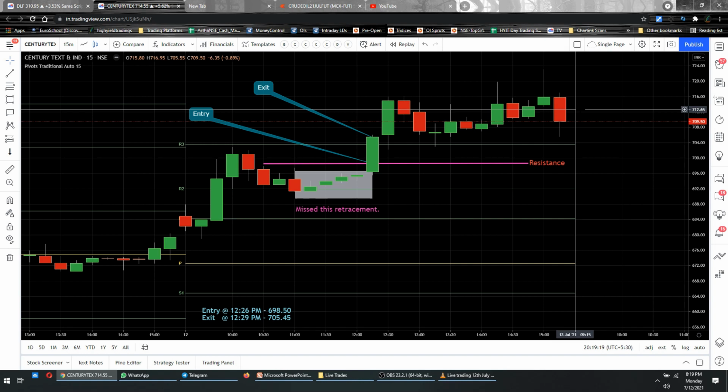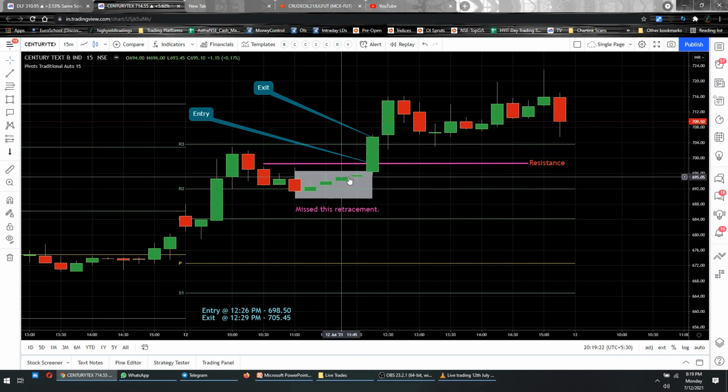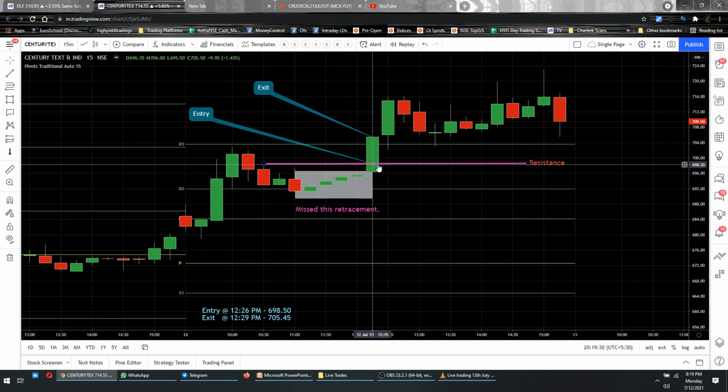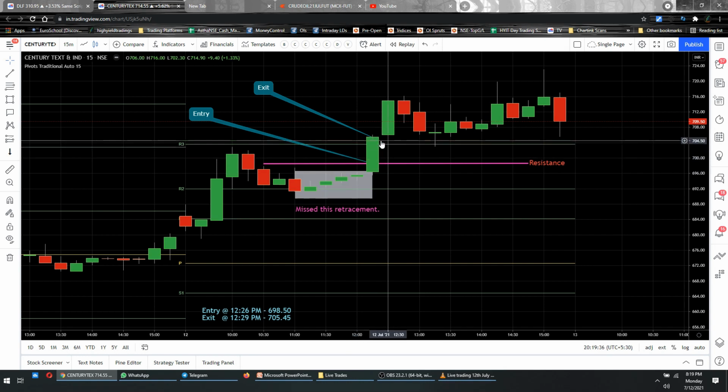But since I have missed this particular up move, my next aim is to catch at least 4 to 5 rupees. So I have to know, if I take the entry somewhere here, how much gap I have before the next resistance, so that I can make at least 4 to 5 points in this buy trade.